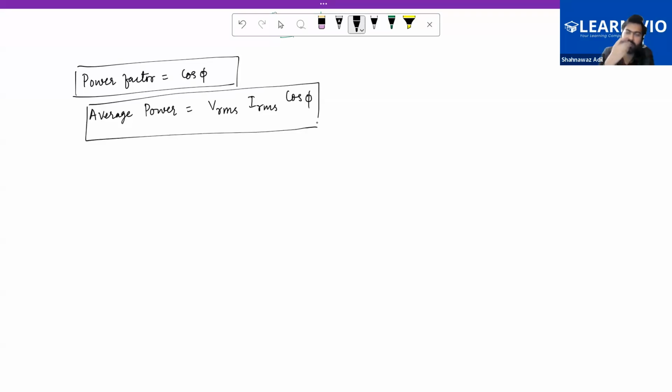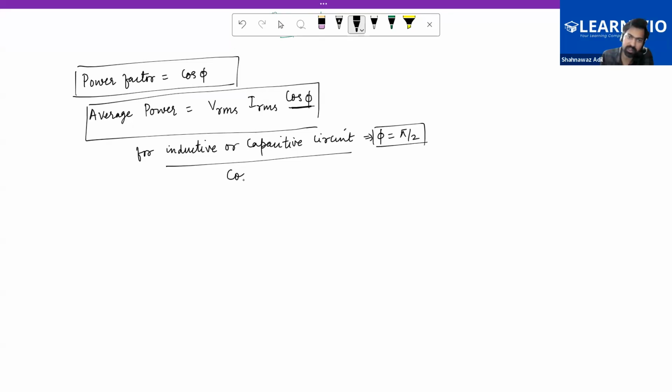So average power depends upon this cos phi. We know that for an inductive or capacitive circuit, phi is 90.